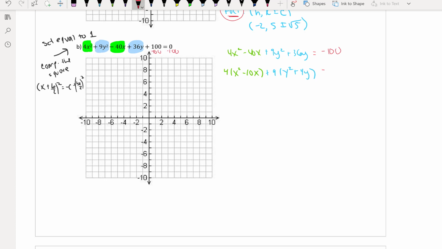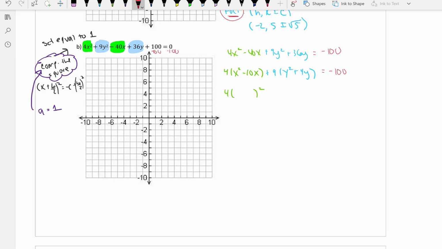And this does not change the value of negative 100. The reason we do this is because whenever we do completing the square, we always want your a value to equal 1. That is what the very first step of completing the square is. You always want to make sure when you're completing the square that your leading coefficient is 1. So that is what we're doing. So now we're going to put this into play. So I'm going to have 4.